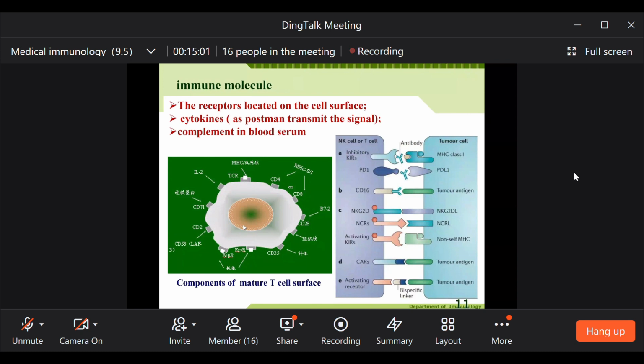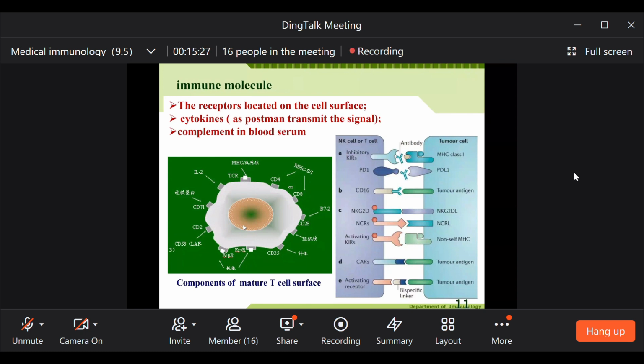In this condition, the NK or T cell cannot bind the tumor cell. So the tumor cell will escape from the NK or T cell. Maybe the patient with this tumor will have a worse future.